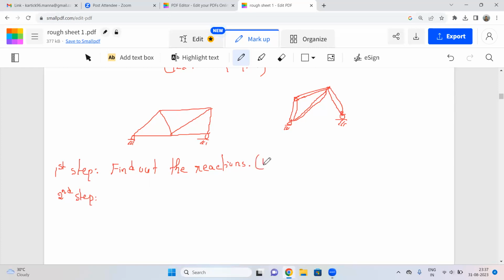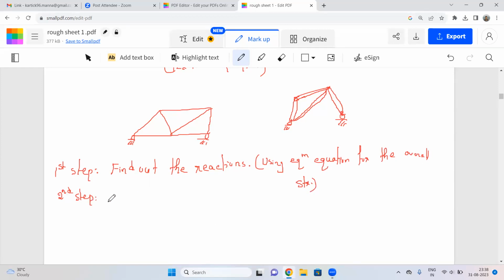That is using equilibrium equations for the support. At support you will find out the reaction, but you need to use the equilibrium for the overall body or overall structure.